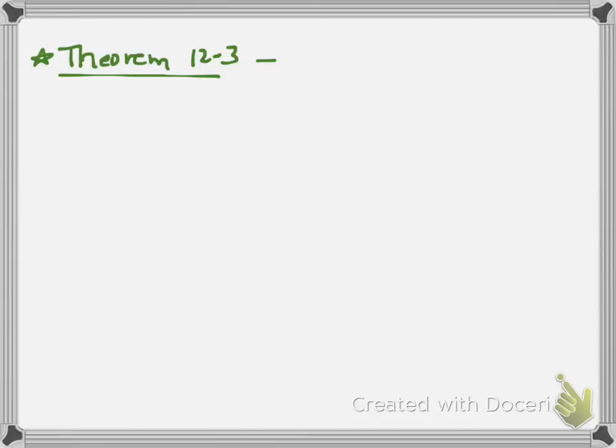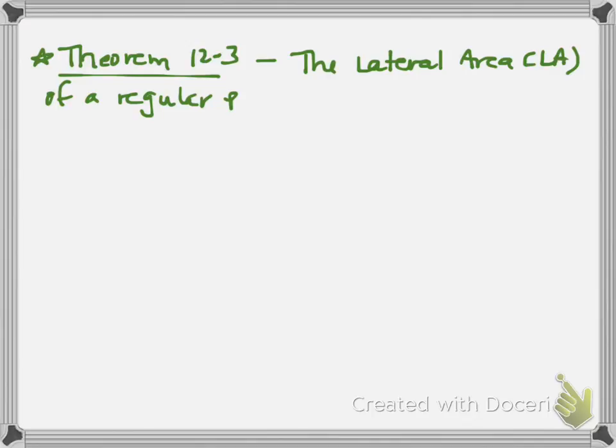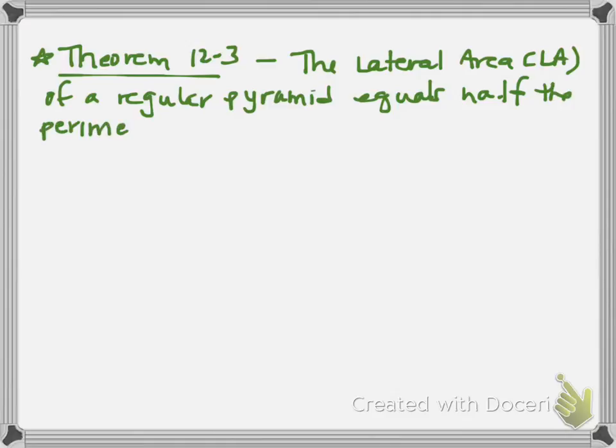So Theorem 12.3 says the lateral area, which again we refer to as capital L, capital A, of a regular pyramid, so this only works for regular pyramids, equals half the perimeter of the base times the slant height.